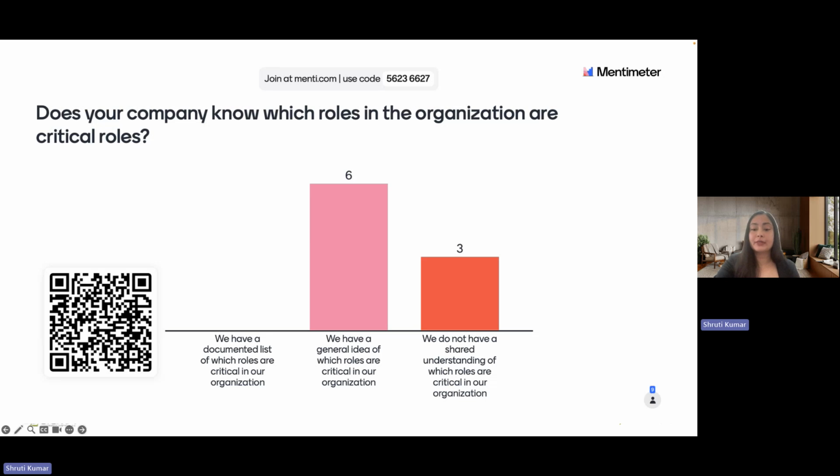And some of you have said that there is no shared understanding of which roles are critical. All right, so I'm going to provide you with some specific factors that your organization can use to actually go about identifying critical roles. And hopefully this will help you in strengthening your overall succession process. I'll also be giving you some tools that we offer that can support you in your succession program.